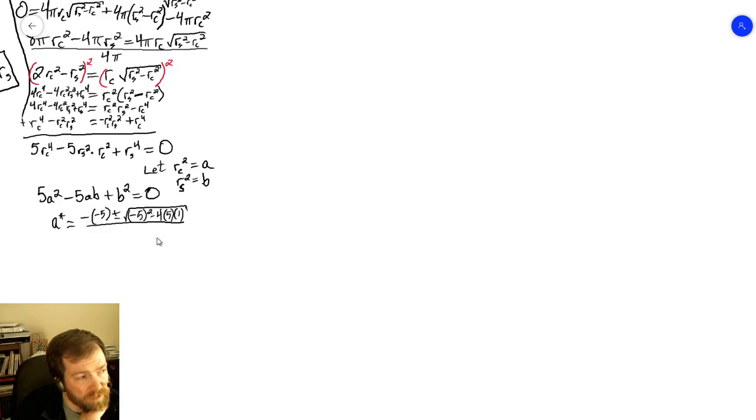Alright, so if we are trying to find A, negative 5b is the middle term, and AC is the last term, b squared. It's a little gross, sorry.